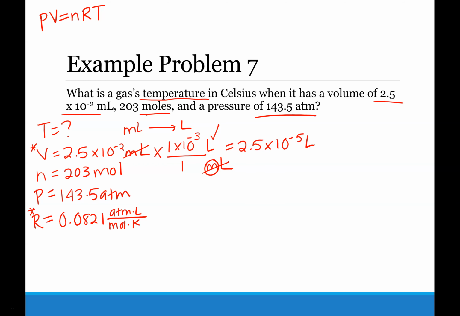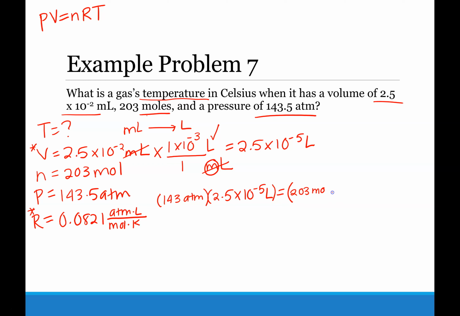So now we're ready to put everything into the ideal gas law equation. Our P is 143 atm. Our new V is 2.5 times 10 to the minus 5 liters equals N is 203 moles.